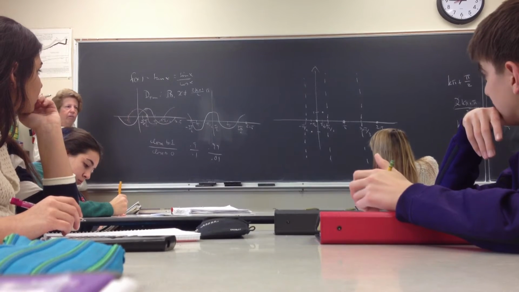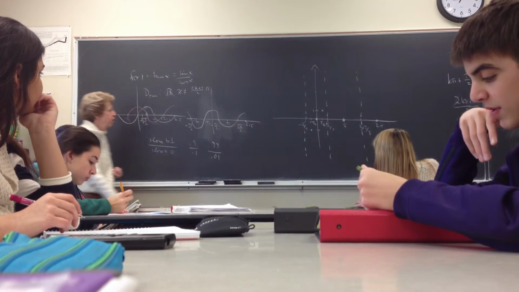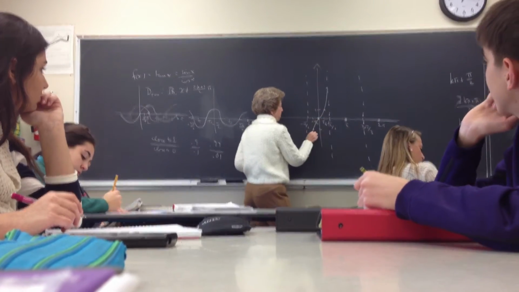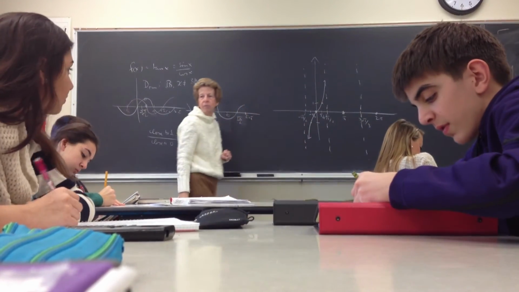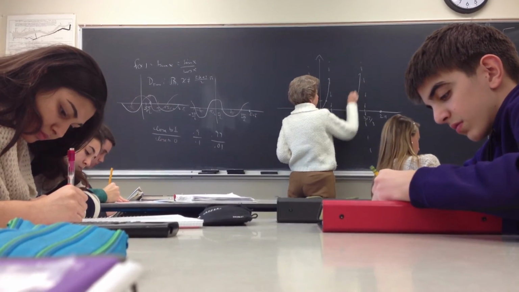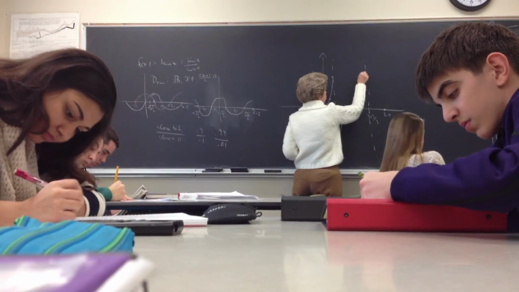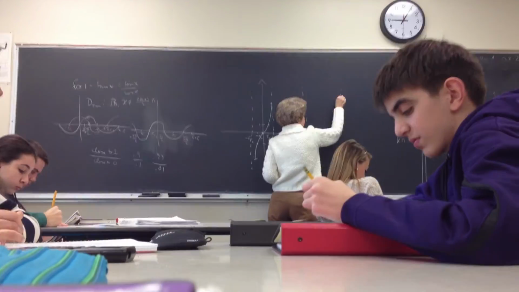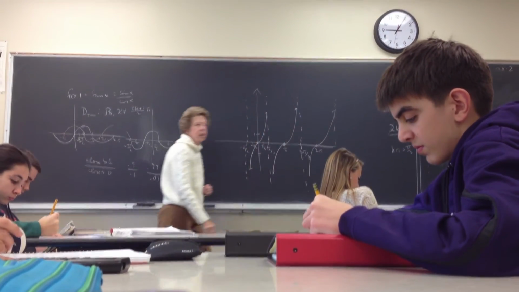What's happening? Flying to infinity. And flying to negative infinity. And then it just happens again. And that's your tangent graph.